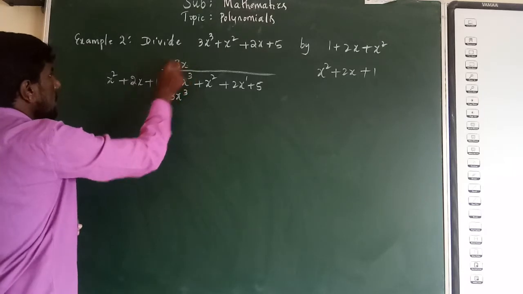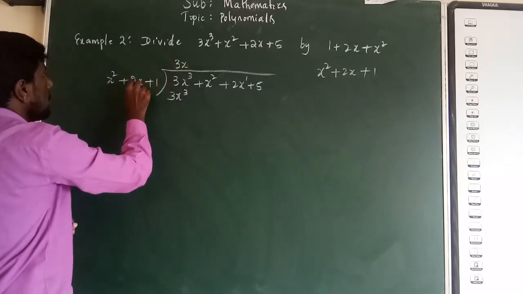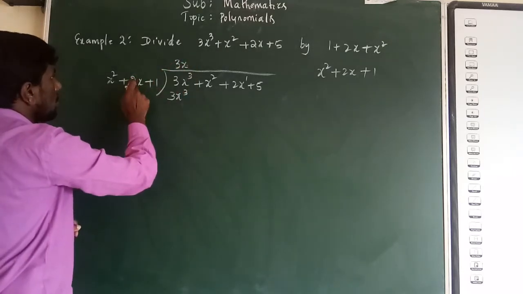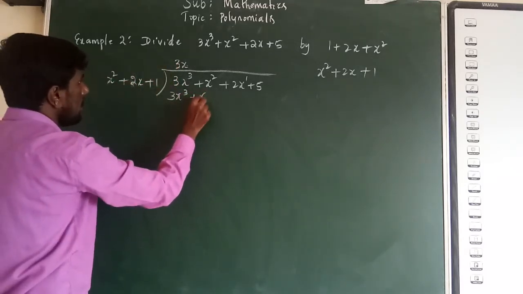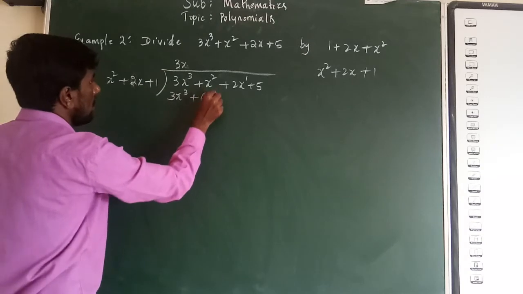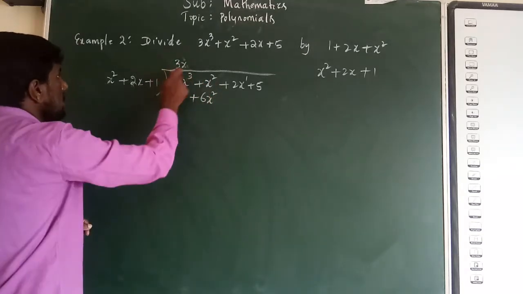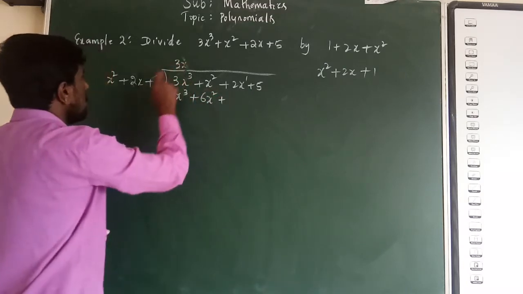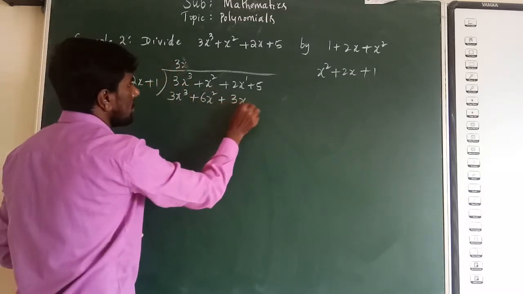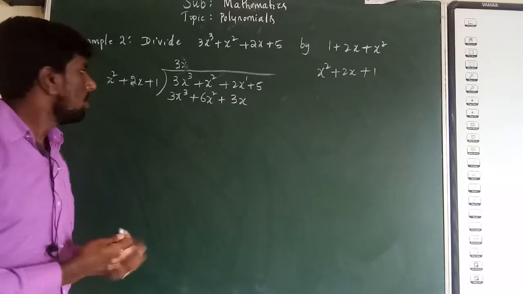Now with the 3x I should multiply the remaining terms. 3x into 2x: 3 into 2, 6, x into x, x square. Now plus 3x with the remaining constant term, plus into plus, 3x into 1, 3x. Understood?